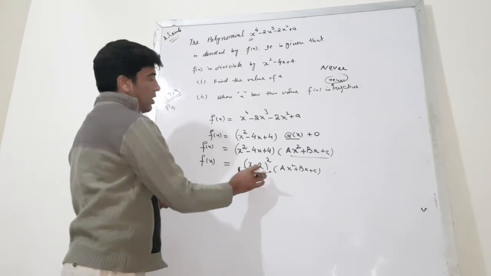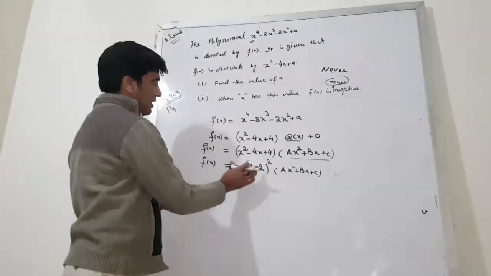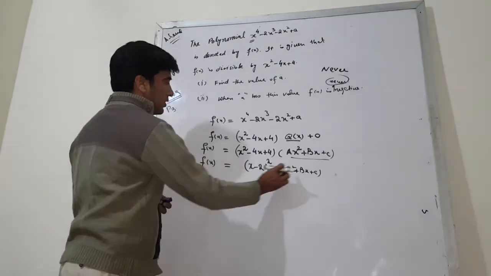From here you see x − 2 is a factor of this function.